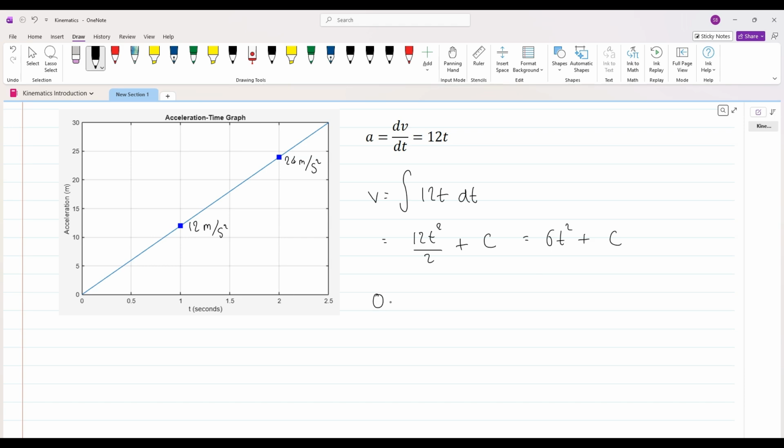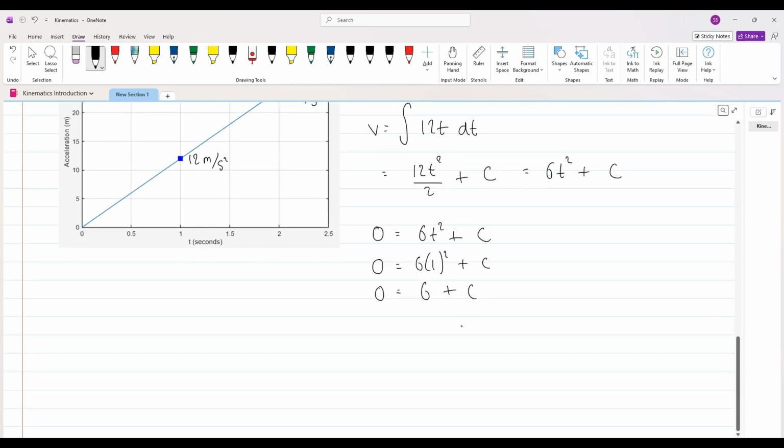So 0 equals 6t squared plus c. So if t equals 1 at v equals 0, we would have 0 equals 6 times 1 squared plus c, which would be 0 equals 6 plus c, which would mean that minus 6 equals c.